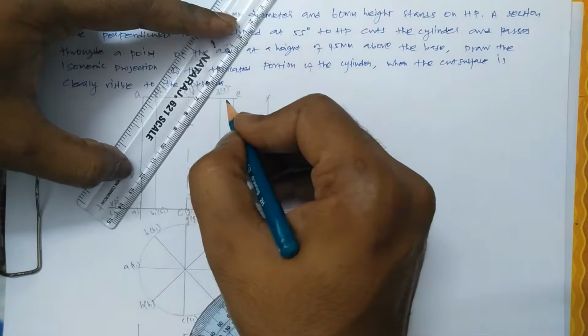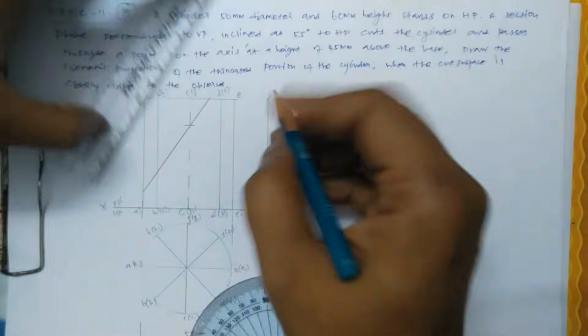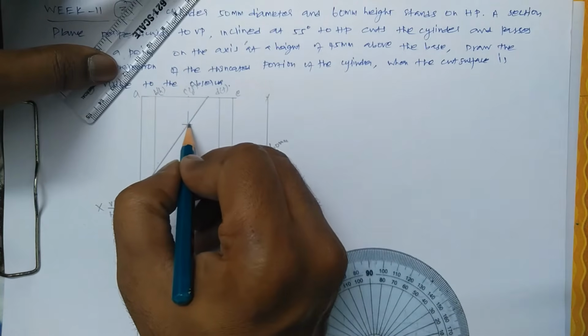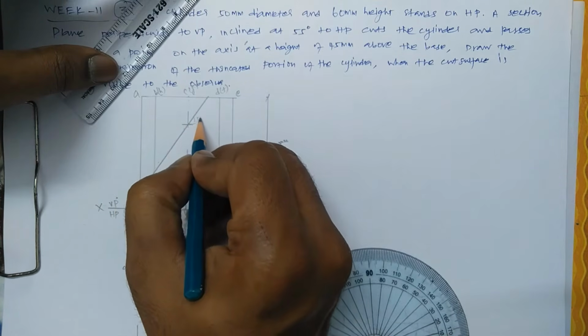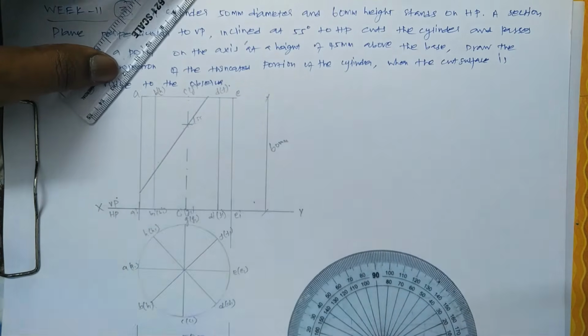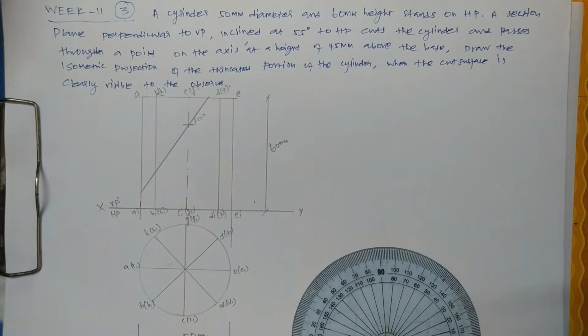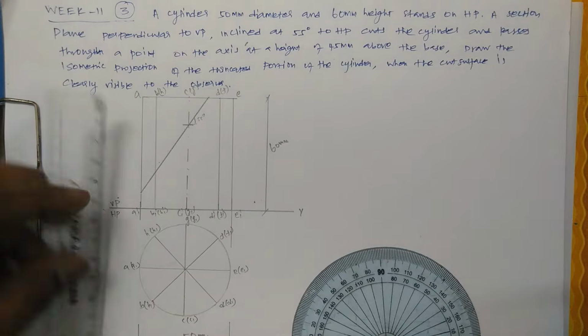The sectional plane you need to show very lengthy. We can show it only in the vertical plane diagram. Okay, that is 55 degrees. So this portion only we are going to see when we are seeing from the top.